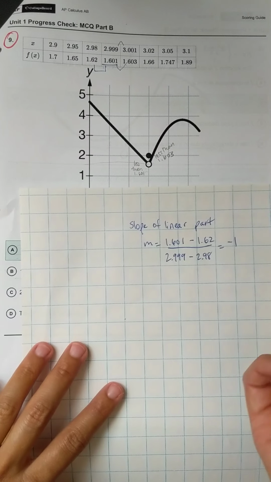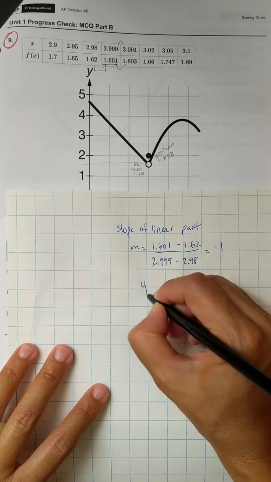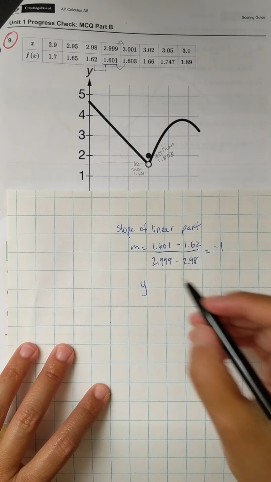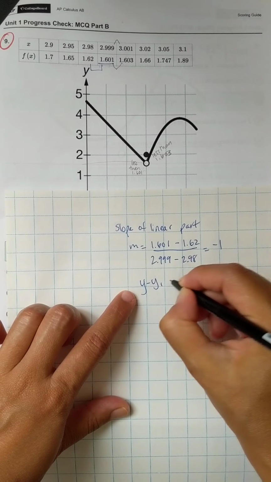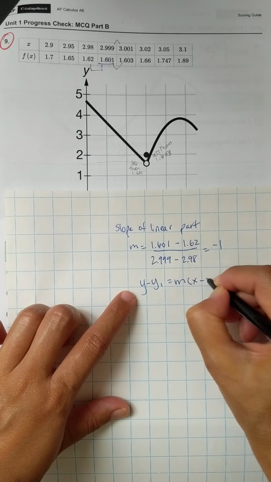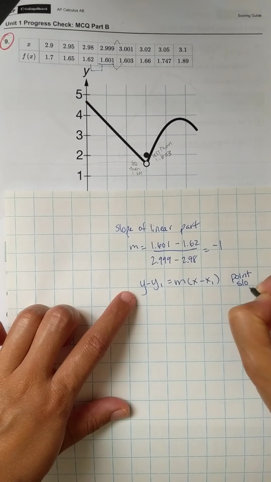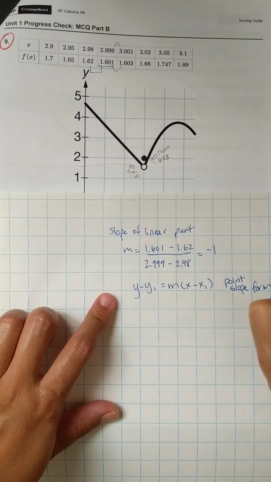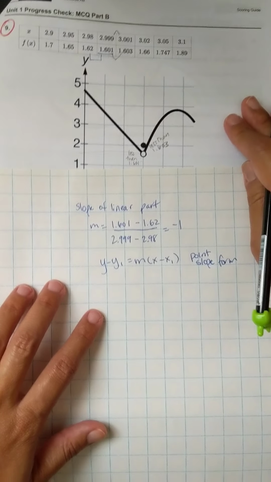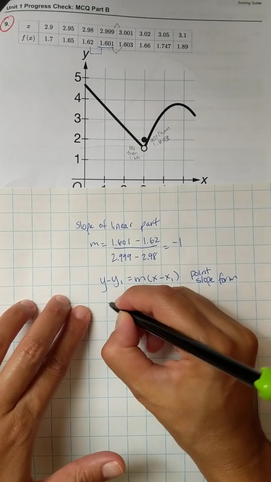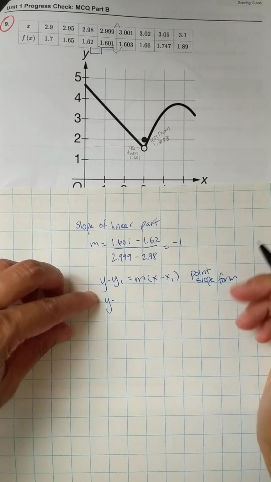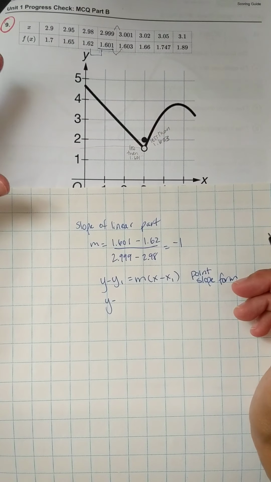Okay, so then they put it in point slope form for the equation of the line, which if you don't remember is this. Point slope form. We use that more than slope intercept because it's a lot easier to write. So y minus y1, it doesn't matter. I just pick a point. What did I pick?